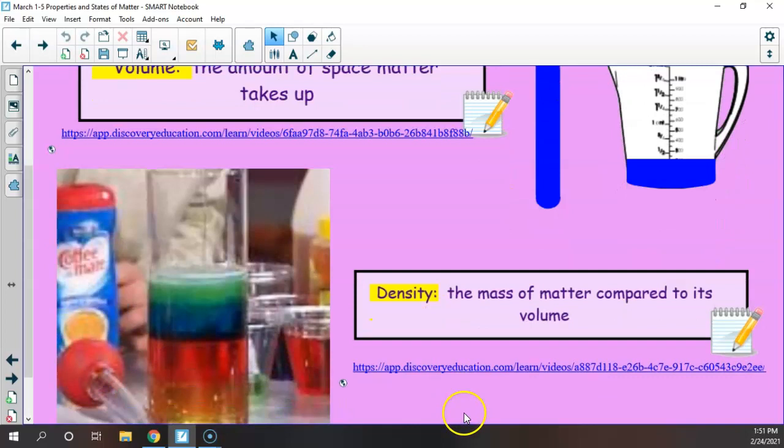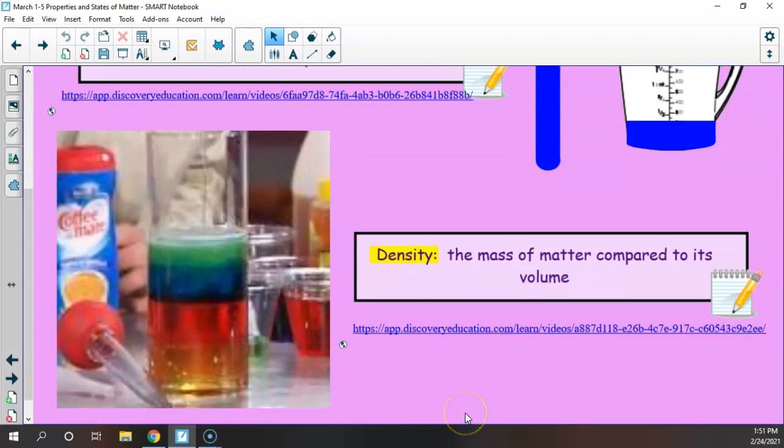Another one is density. Density is the mass of matter compared to its volume. So let me put this in another way. Let's think of if I had a brick made out of cement versus the same shaped, the same sized brick made of styrofoam.